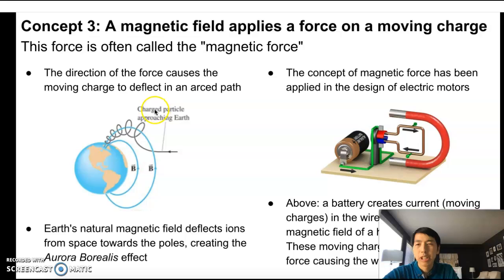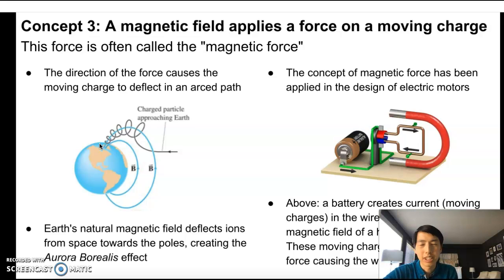So there can be charged particles coming from outer space, and as they enter the Earth's magnetic field, they get deflected. Just the physics of it causes them to curve. Those particles spiral and get directed towards the north and south poles.